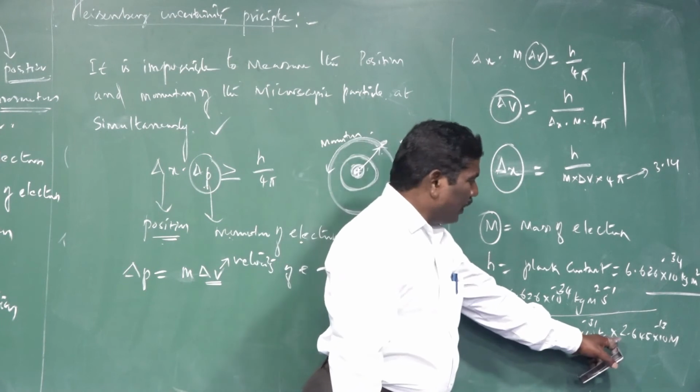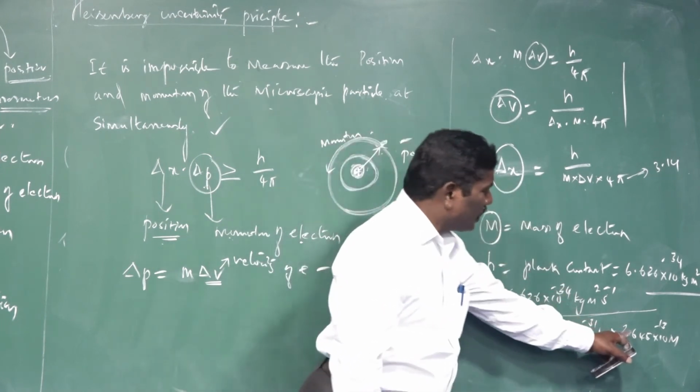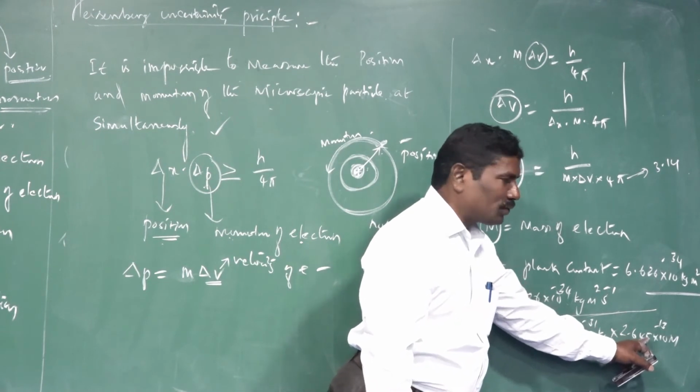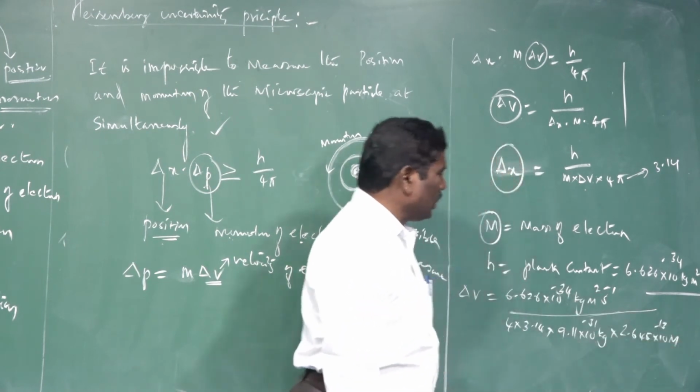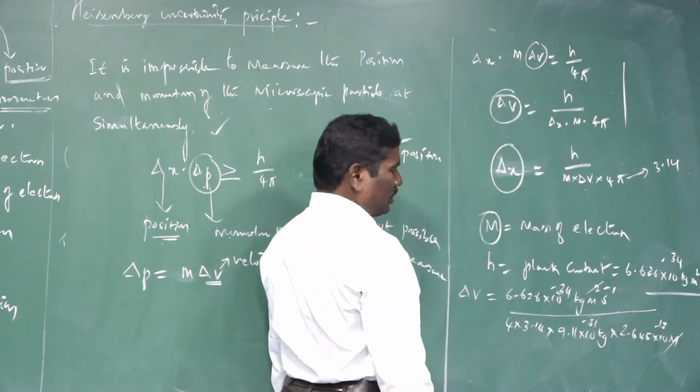Now you write this. What is given here? The position is 2.645 into 10 power minus 13 meters. Now you see here the meter and meter cancel, unit cancellations.